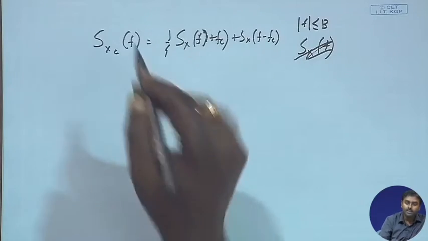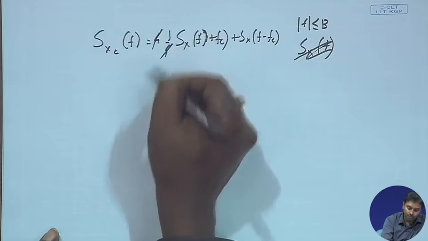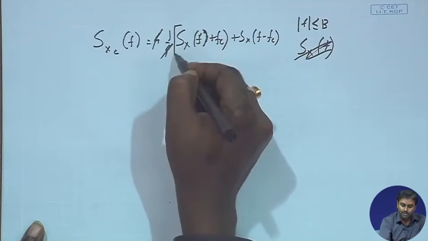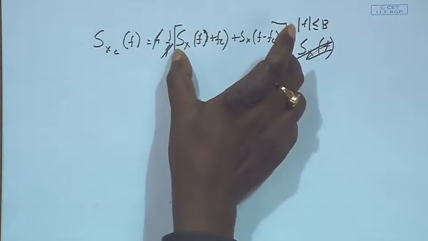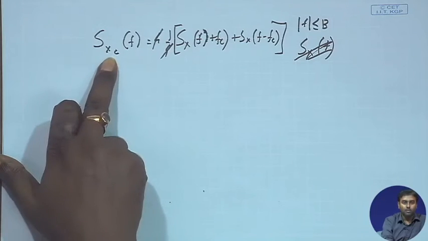So, there should be a 1 by 4, and there is a 2 term already that should be squared, so the 4 gets cancelled. So, this happens to be my power spectral density Sxcf. Okay. So, without going into the autocorrelation or cross correlation function, I directly define my power spectral density.